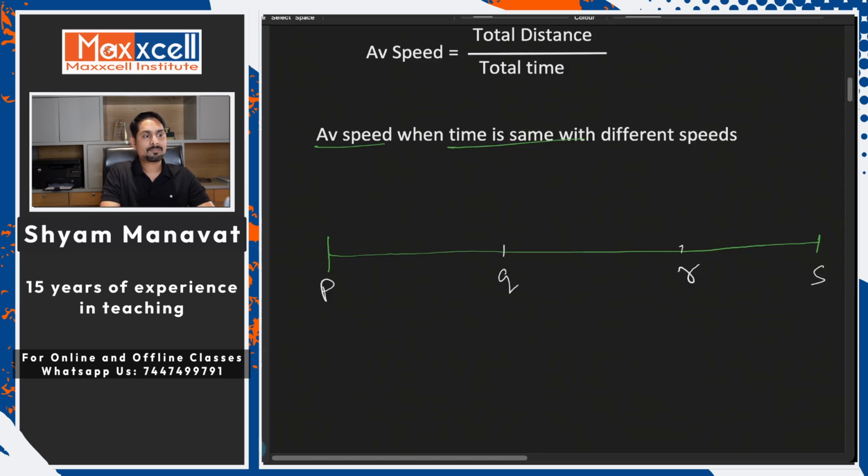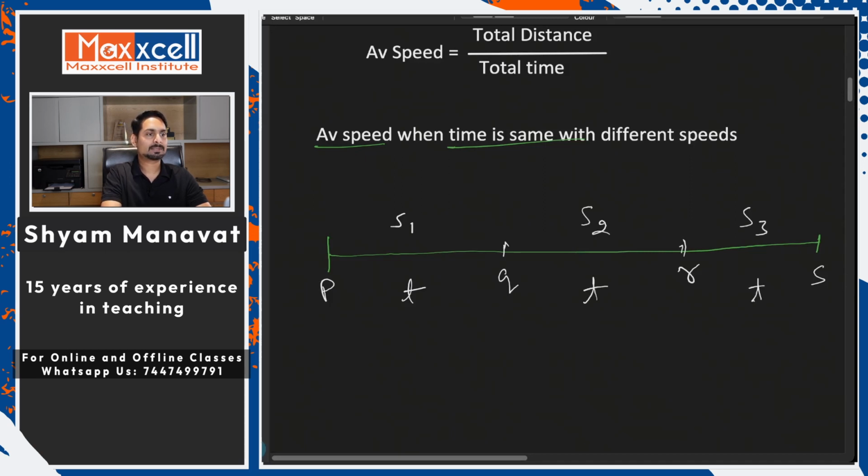In the first part the speed is S1, and the time you take to cover this first part, P to Q, is T, whether minutes, hours or seconds, whatever you want to call it. In the second segment your speed is, let's say, S2 with the same time, and the third speed is S3 with the same time, right?